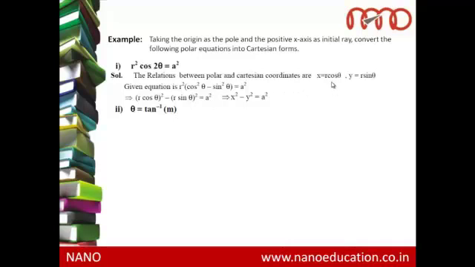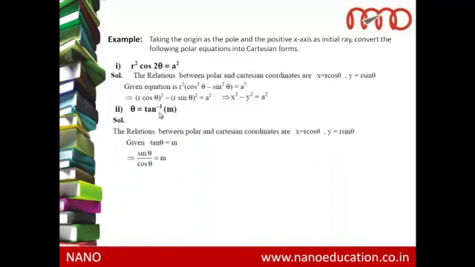Tan θ we have to again see in terms of sin and cos. So tan θ we will write as sin θ / cos θ. Given tan θ = m, we have sin θ / cos θ = m. In this, when we multiply numerator and denominator by r, numerator will be r sin θ, denominator r cos θ. r sin θ we know is y and r cos θ we know is x.